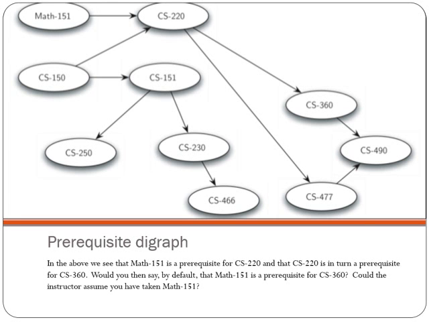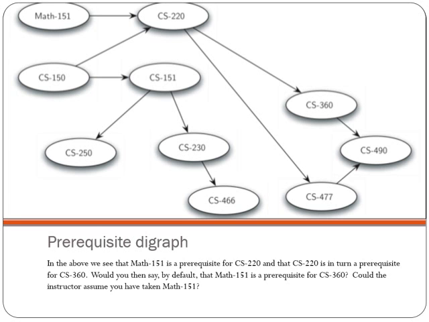From Computer Science 220, there are two directed paths to Computer Science 490. We can go from 220 to 360 to 490, or we can go from 220 to 477 to 490.